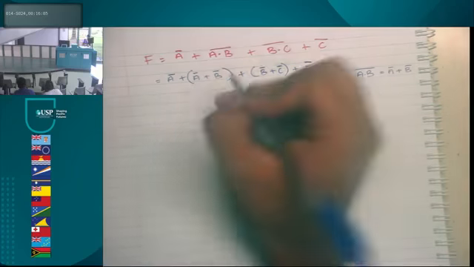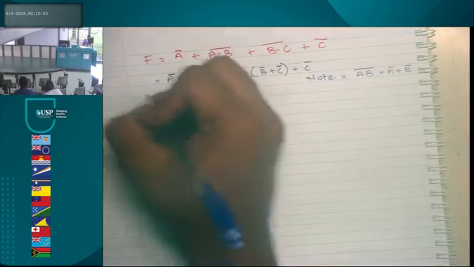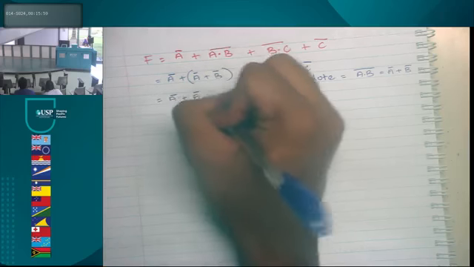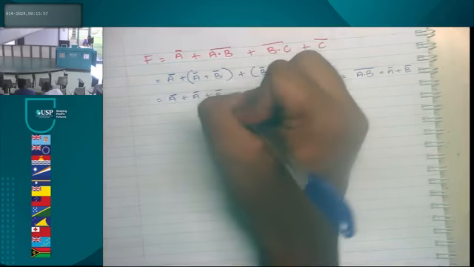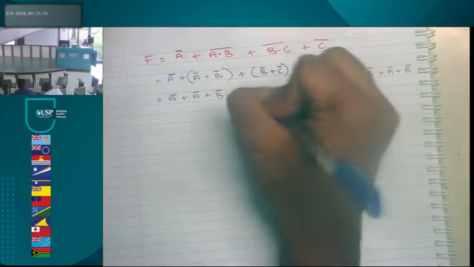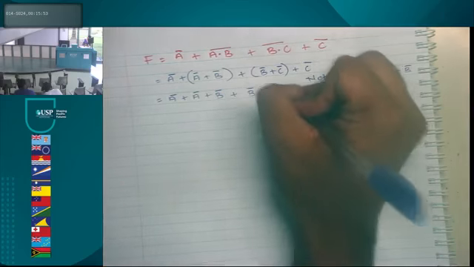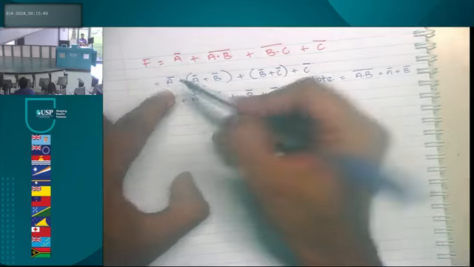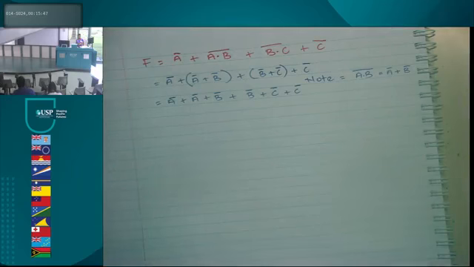Now as you can see, this is all OR, so you can just remove the brackets. If there was no OR here, you wouldn't be able to remove it. But you have an OR, so it's okay.